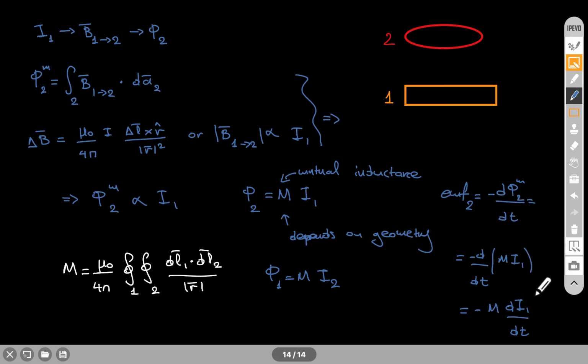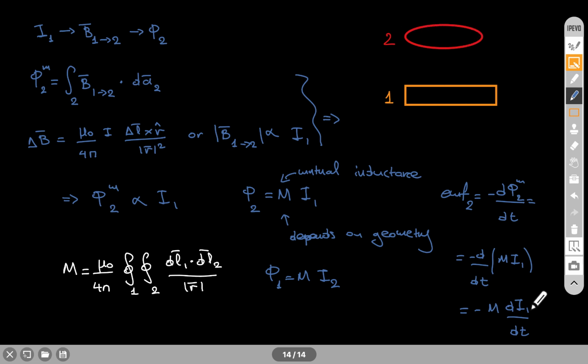And actually, this expression showed you explicitly something that we've seen in problems before. It is the rate of change of the current in loop 1 that dictates the size of the induced EMF in the other loop.